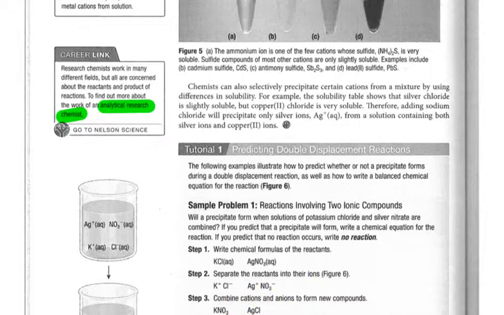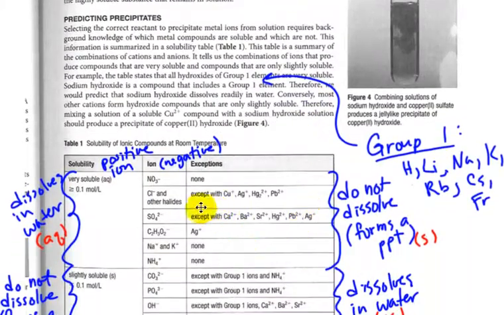Silver chloride, though, let's look. Chlorides and the other ones, the other halogens that are in the chloride group, for example, fluoride, bromide, etc. So where does silver fall? Oh, there it is right there. So if it had been on this side, it would be aqueous, dissolves, but silver is on this side, meaning that it is only slightly soluble.